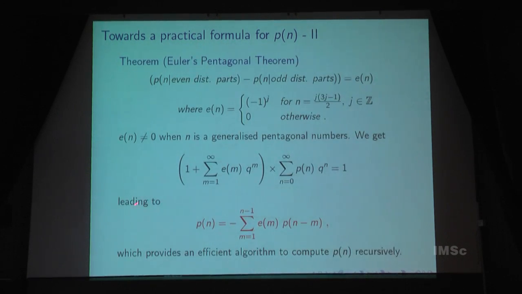Then you just multiply these things, look for the coefficient of some power of q, and you will get this nice identity. What is beautiful about this is that E of m only clicks when you hit a generalized pentagonal number. So this is an efficient algorithm to compute p of n recursively.